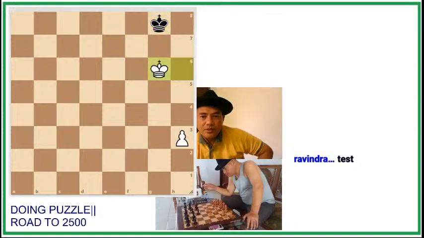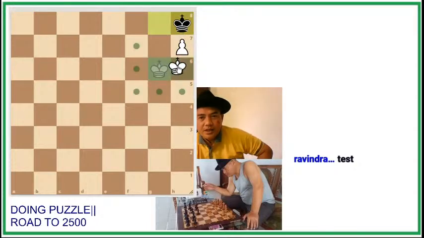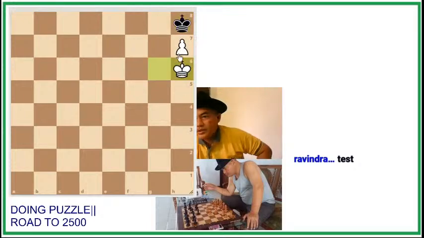For example, go here and then the black king goes here. Even if the pawn is getting closer, this will be a stalemate for black, because white cannot move and is not in check, so this is a stalemate.